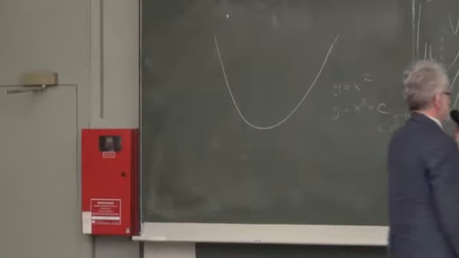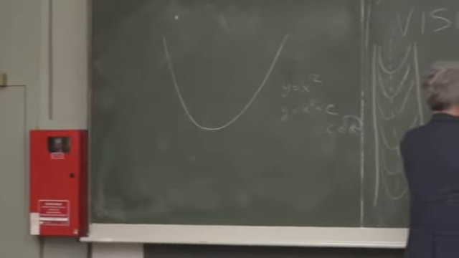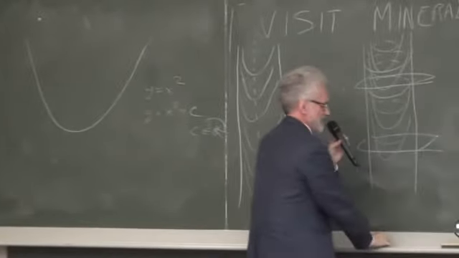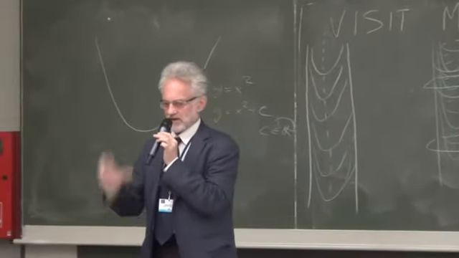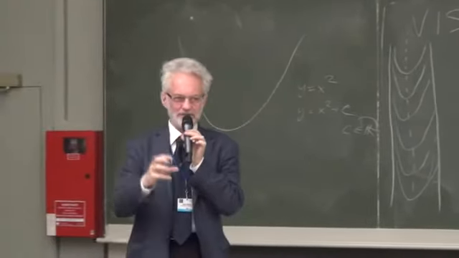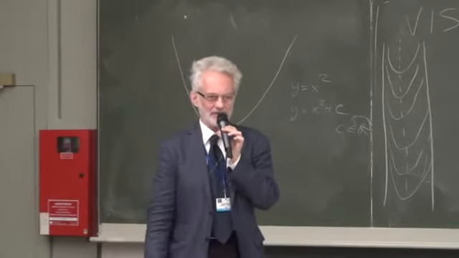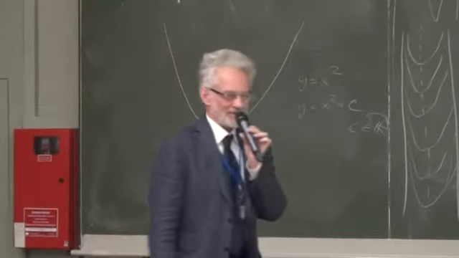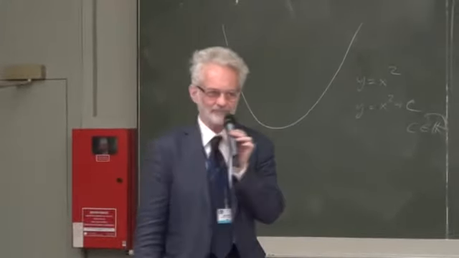So, let's do another step. Let's cut it by two planes. We have a bounded object. We have a solid tube filled by planes with two discs at the top and at the bottom. When you glue it together, we get a solid torus.